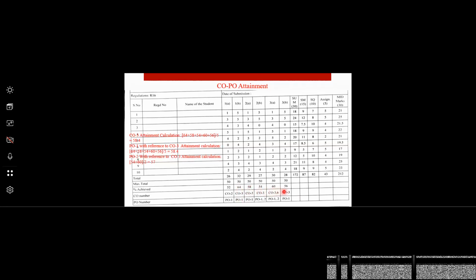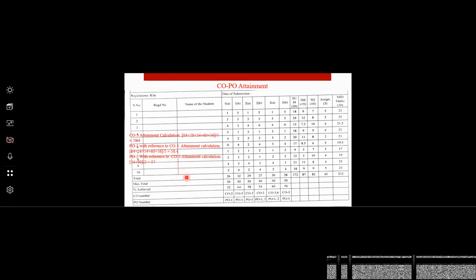Here also CO3 is there, and here also CO3 is there. So finally, you can see the red one, sir. 64 plus 58, 54, 60 plus 56 by 5. So the PO1 with reference to CO3 attainment is 58.4. This is how we need to map. So the PO1 with reference to CO3 is 58.4%.